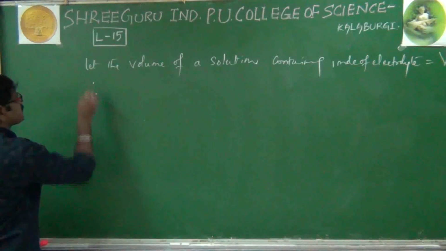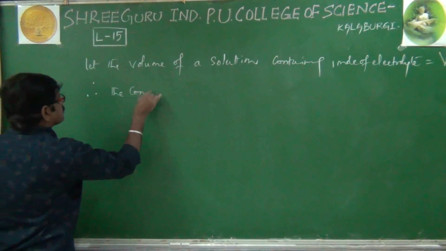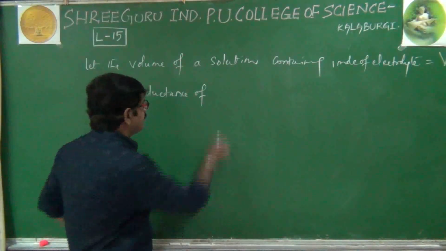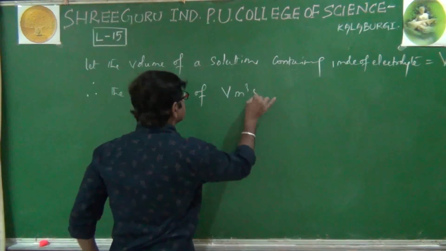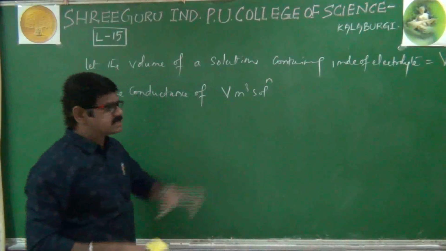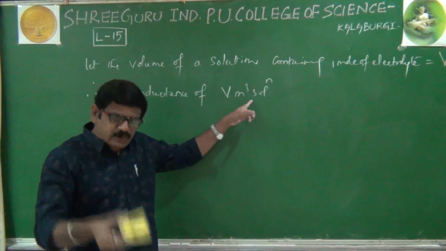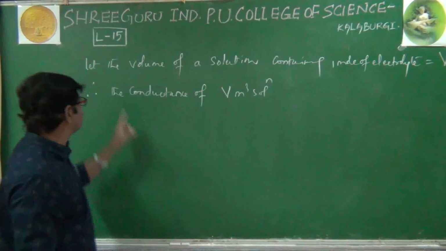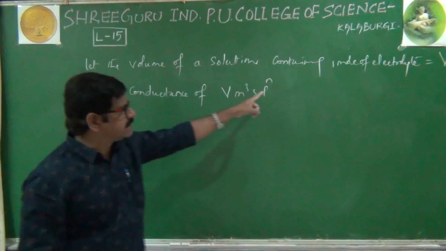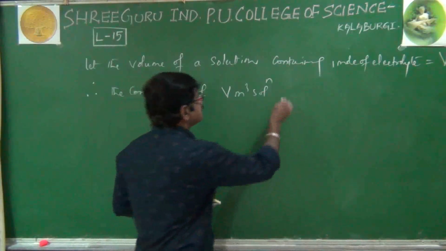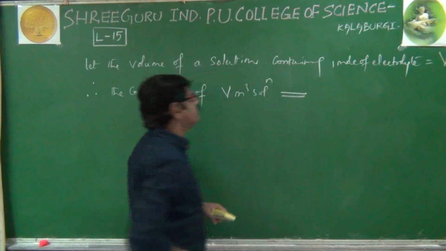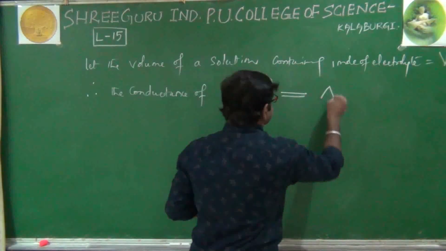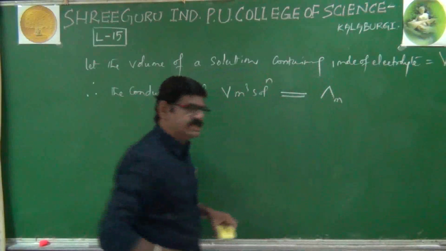Therefore, the conductance of V meter cube solution, which of course contains 1 mole electrolyte, there is no doubt in that, is called molar conductance or molar conductivity.